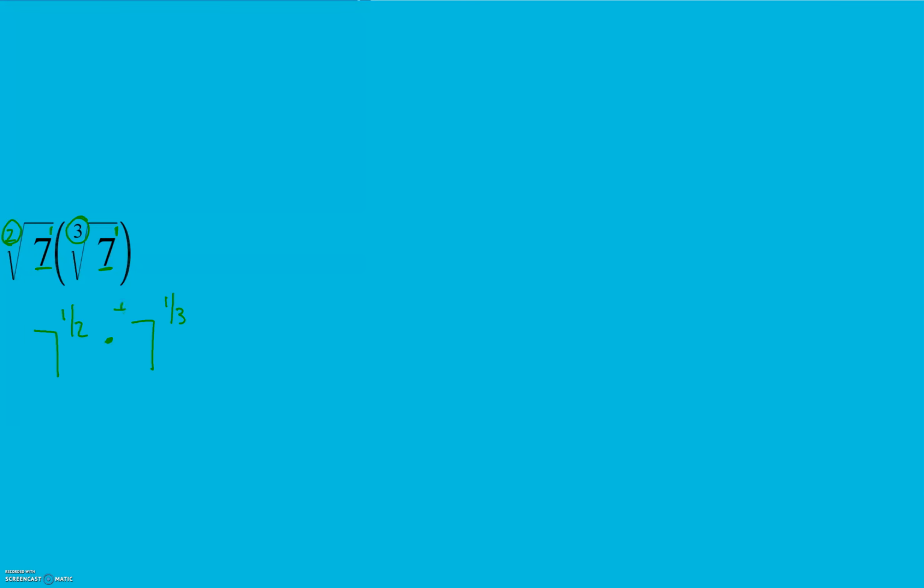I can add those. I keep my base, add my exponents, and I get 5 over 6. 6th root of 7 raised to the 5th power. Numerator, denominator, exponent, index. Denominator, index, okay?